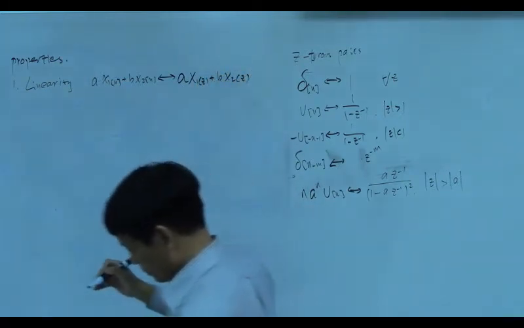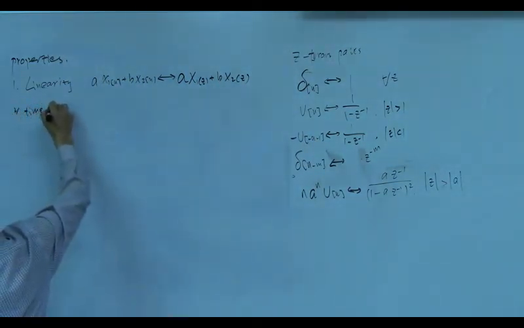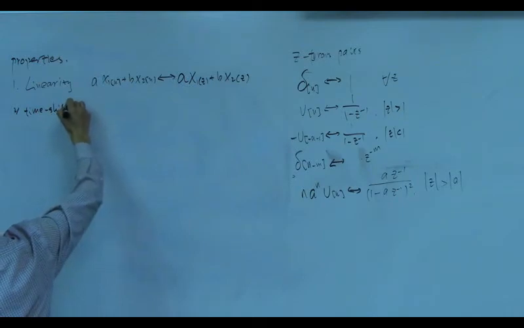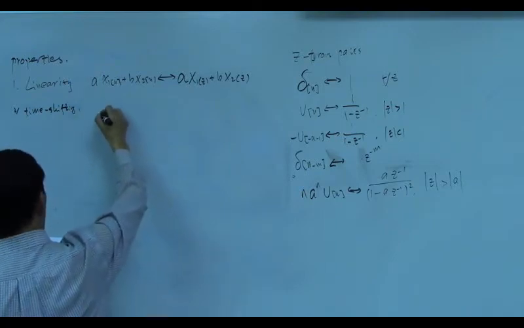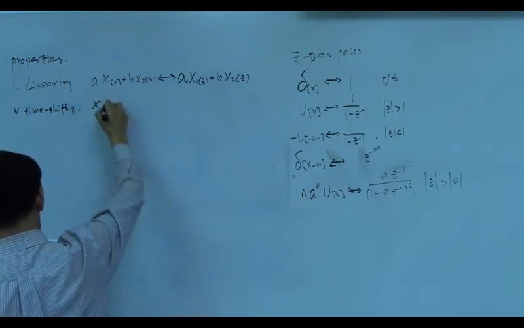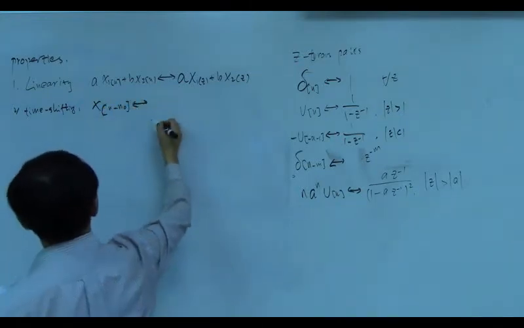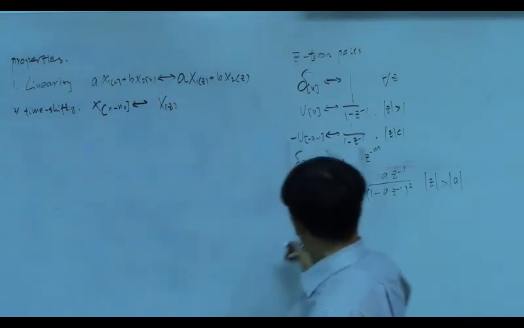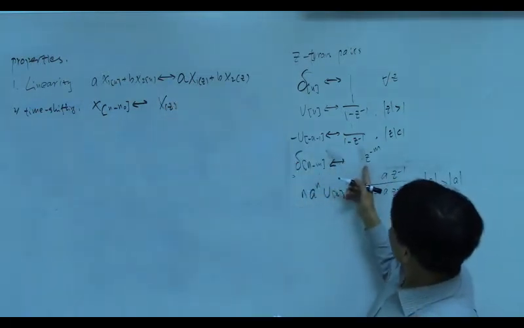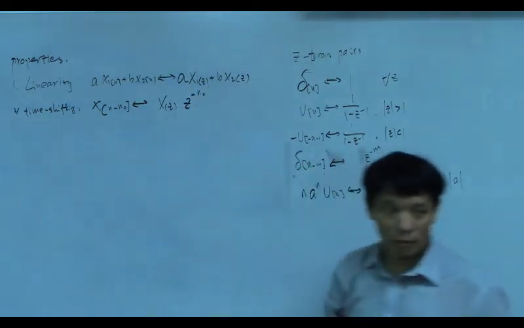Then time shifting: x[n minus n0] will equal just X(z), just like the example here, then multiplied by z to the negative n sub 0.